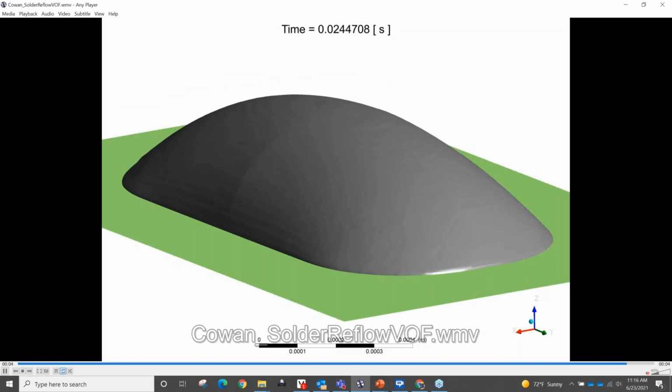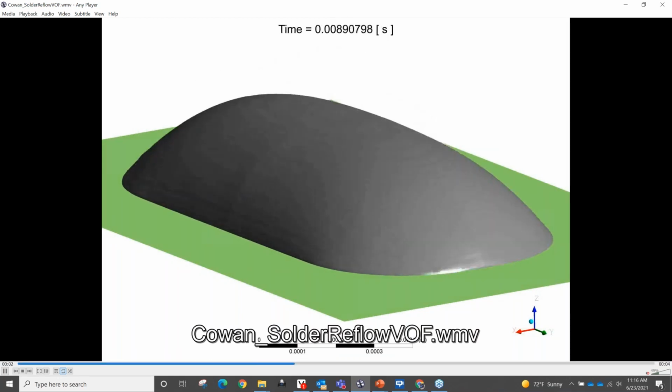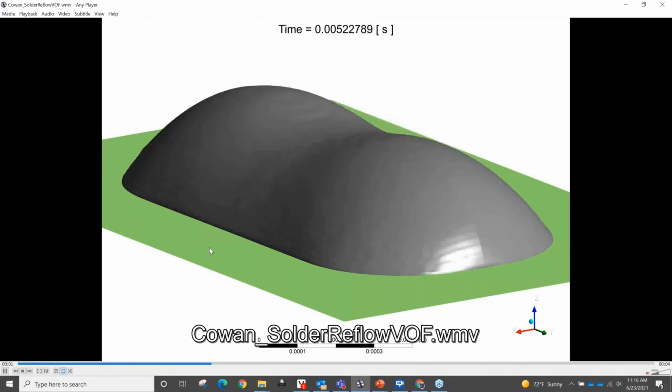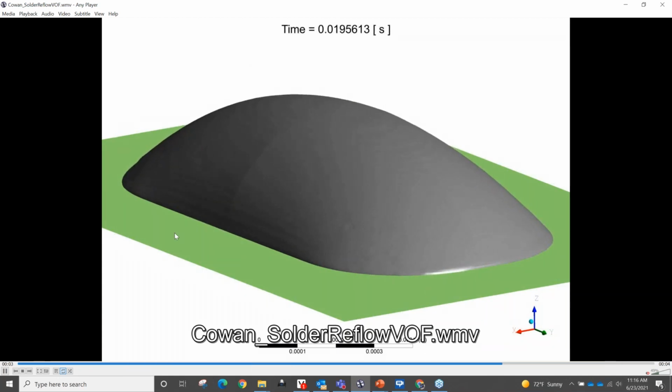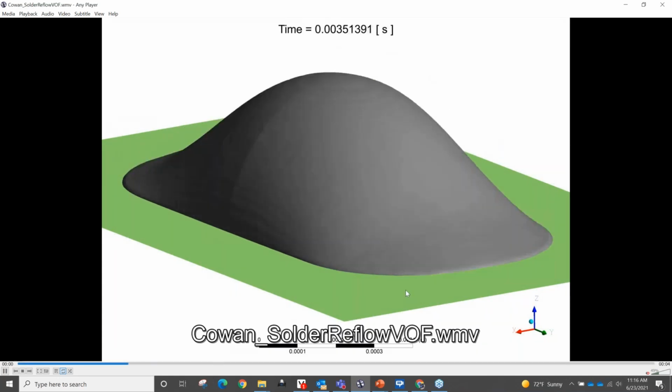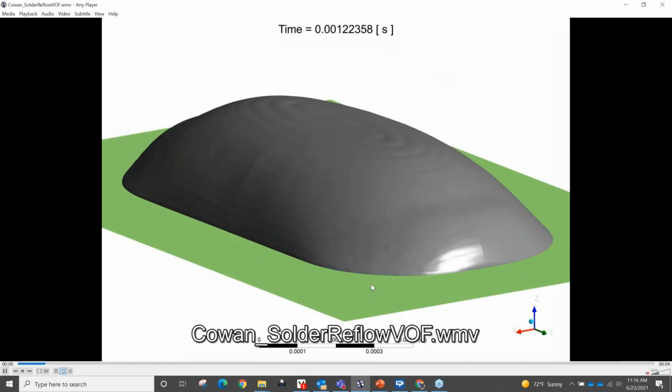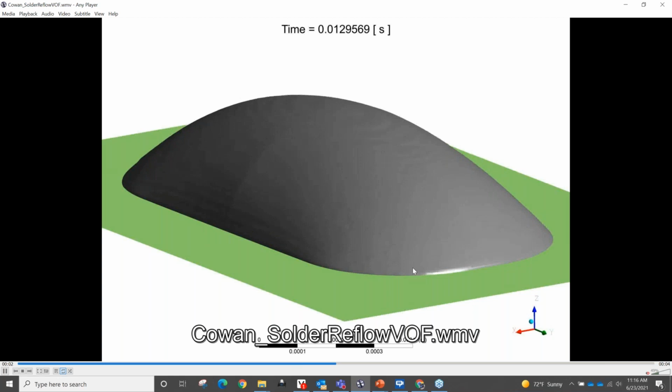The surface tension is going to determine its final shape, and also the contact angle it makes on the solid itself. That's also important because it's going to determine again its final shape.